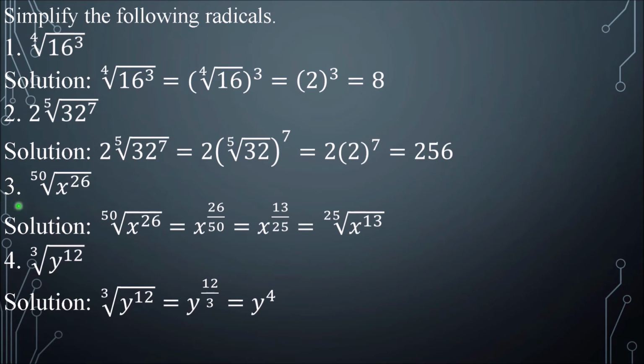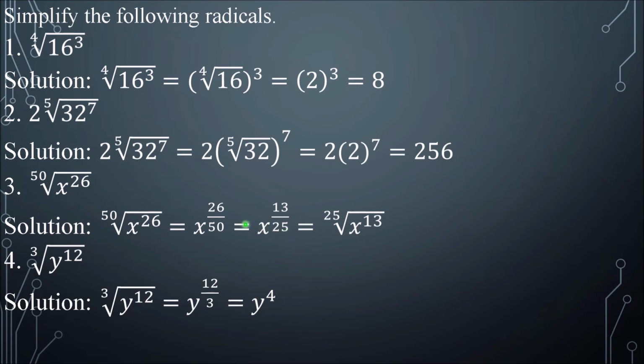Number 3, the 50th root of x raised to 26. So as you can see, this radical expression is turned into exponents. So x raised to 26 over 50. That will be x raised to 13 over 25.